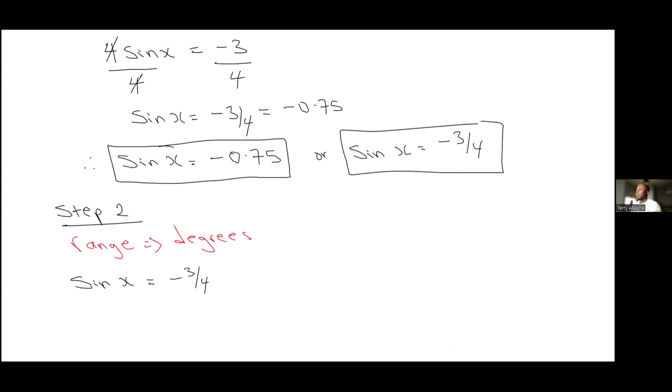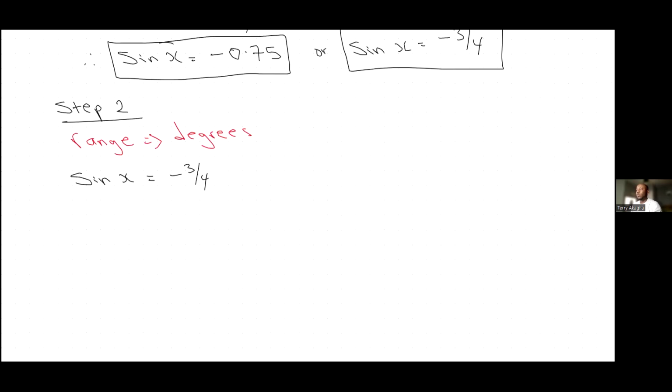Now, to get the x, what do you do? You find the sine inverse. So the x is going to be equal to, which is the first angle or the principal angle, the sine inverse of minus 3 over 4. Okay, the sine inverse of minus 3 over 4. And this is going to give us minus, I think, 48.59. Okay, minus 48.59.